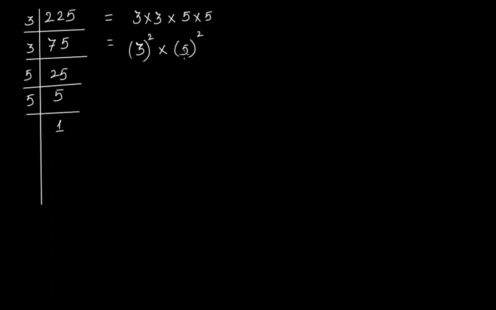So imagine that in the same way, if we have it in the form of variables, let's say we have a times a times a times a times b times b times b, a into a into a into a into b into b into b, then into c into c. Imagine this is the situation.